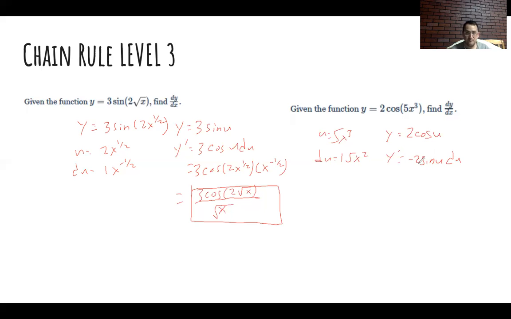Always remember, derivative of cosine is negative sine. My u is just going to be 5x cubed, and then my du is going to be 15x squared. So negative 2 times 15 is negative 30x squared. And then this would be sine of 5x cubed.